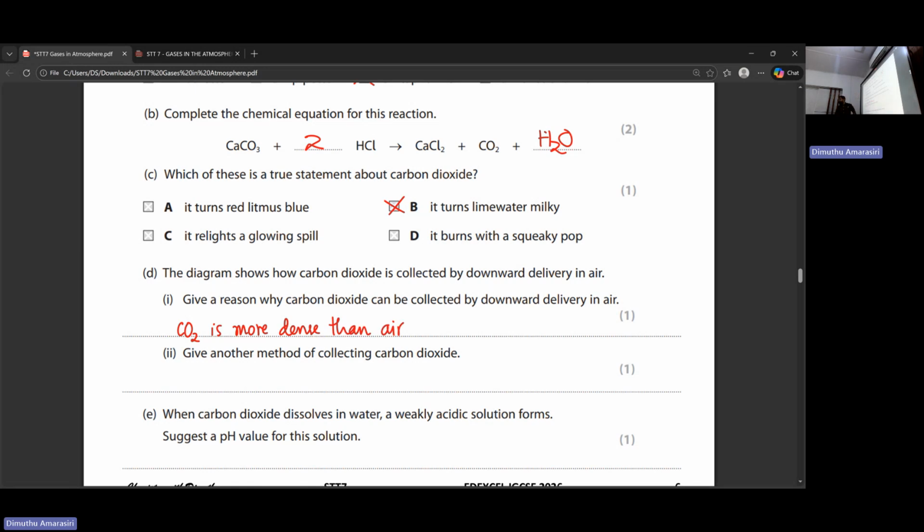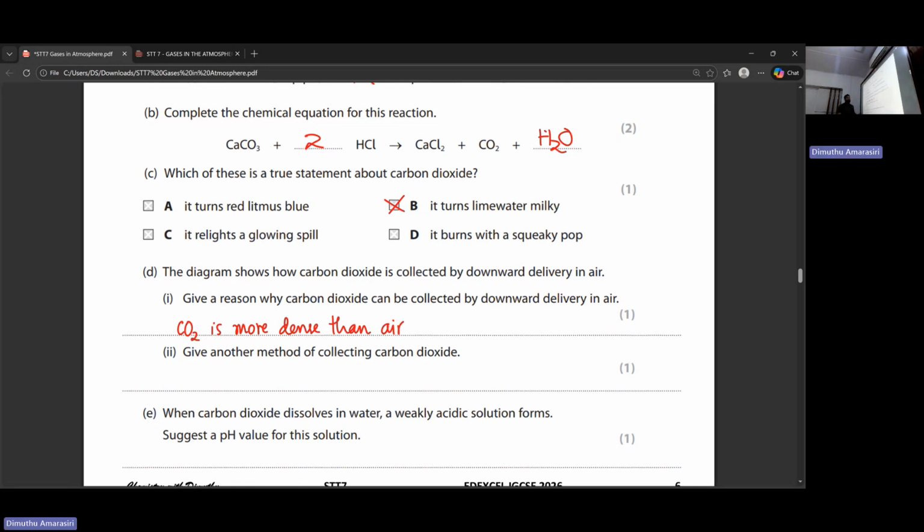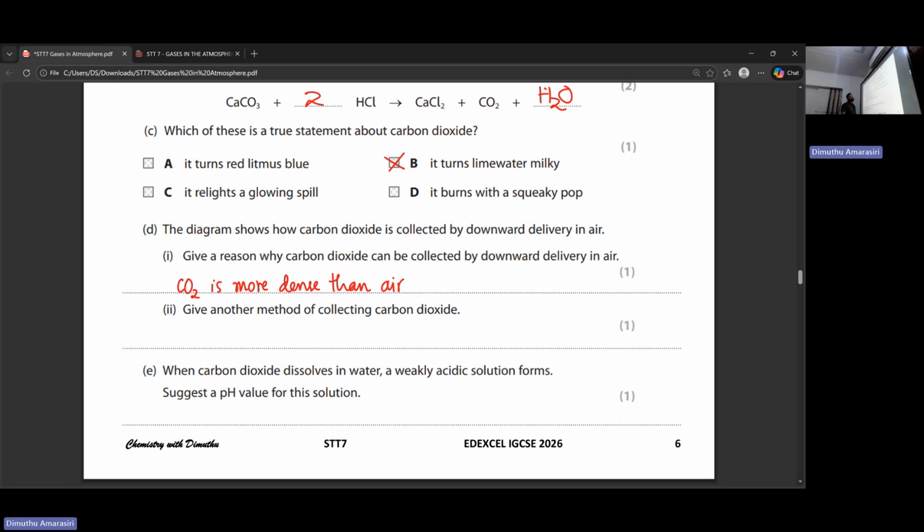That's why it goes down in air. Give another method of collecting carbon dioxide: over water. Or you can collect it into a gas syringe.